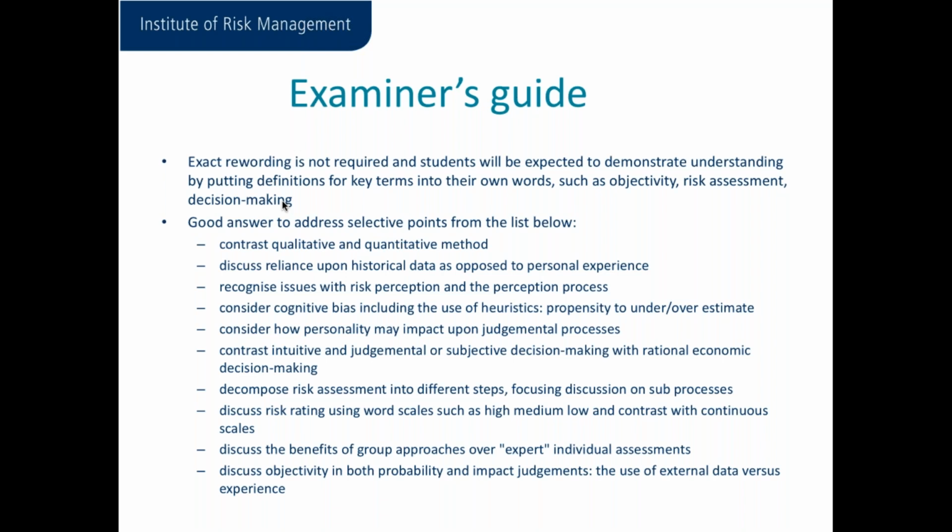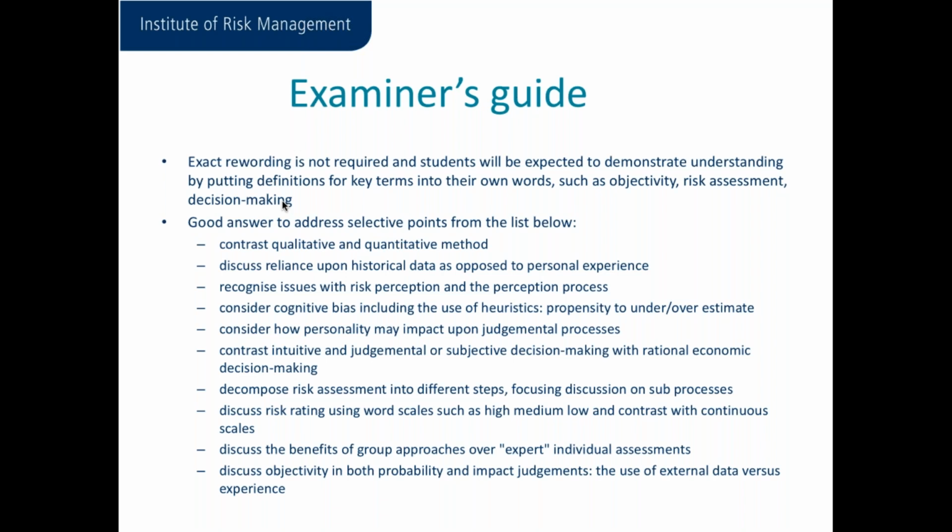Good answers to address selective points from the list below, so contrasting qualitative and quantitative. Discuss reliance on historical data as opposed to personal experience, so making sure you bring both of those together. Recognizing issues with risk perception and perception process.